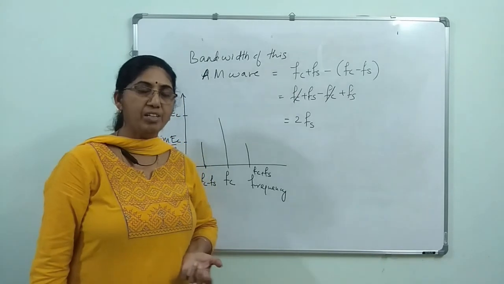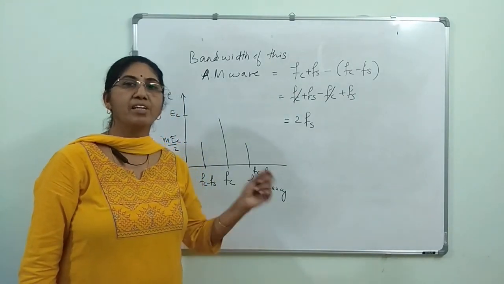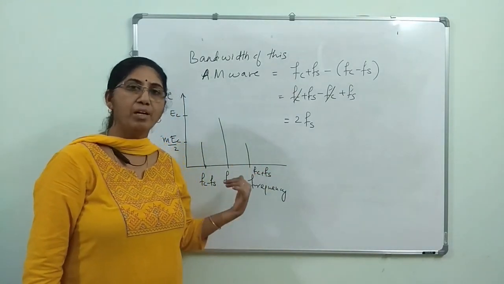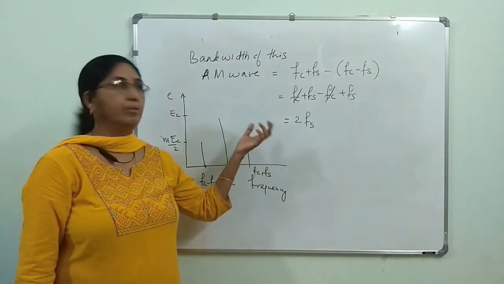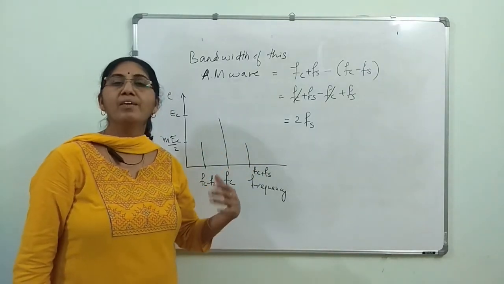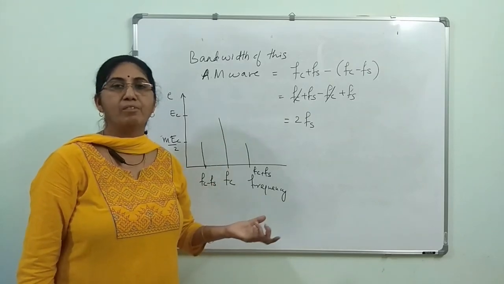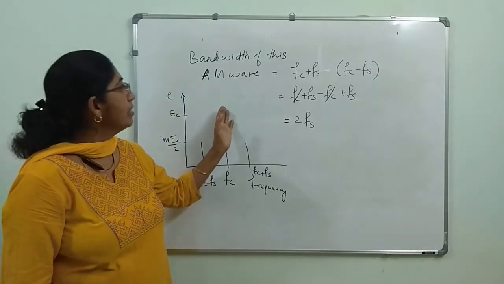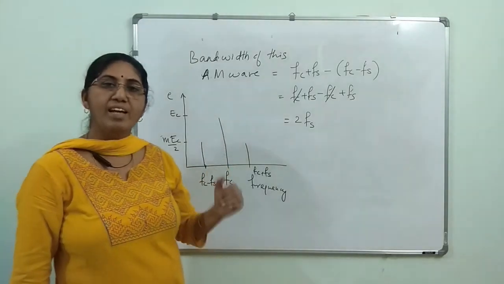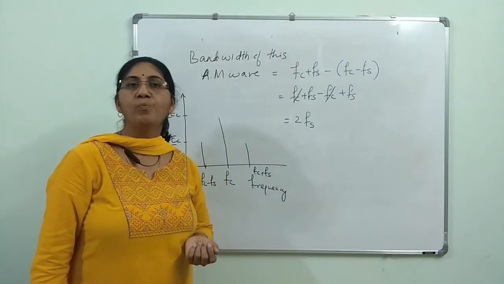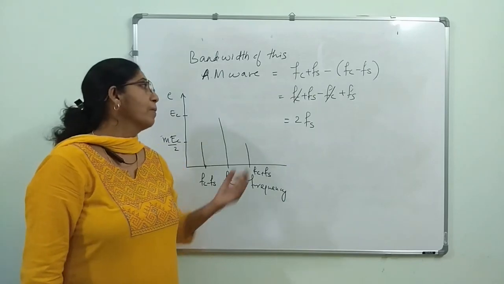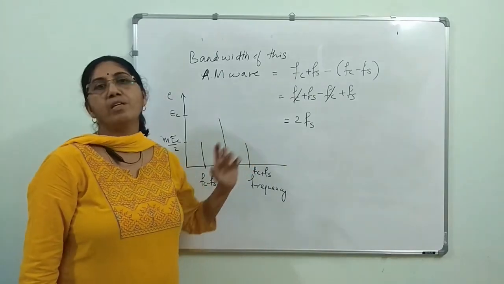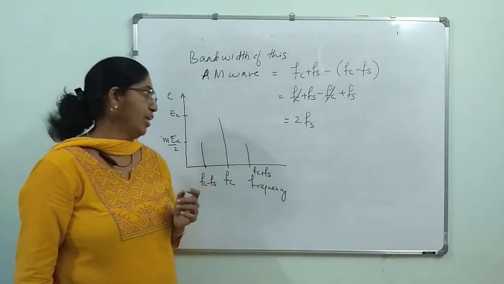That is called the modulation factor. Modulation factor is the ratio of the difference in amplitude of the carrier wave divided by the amplitude of the carrier wave. So if the modulation factor is low, the signal strength will be low. If the modulation factor is very high, some of the signal will be lost. So we have to optimize the amount of modulation.